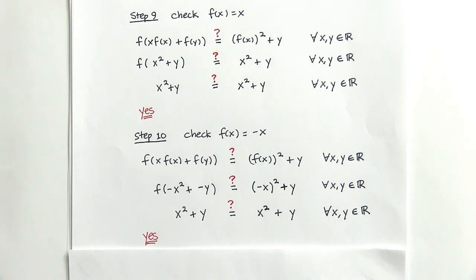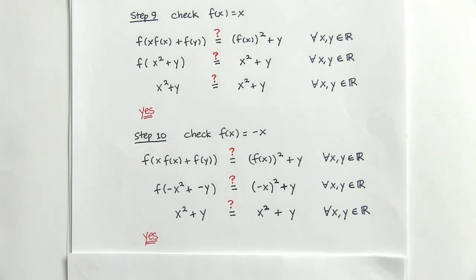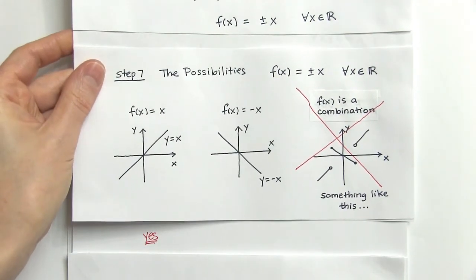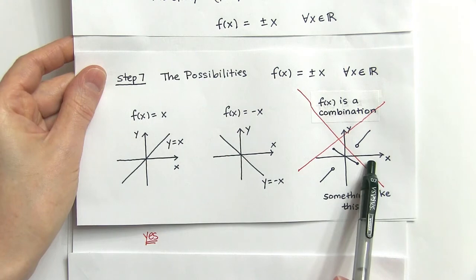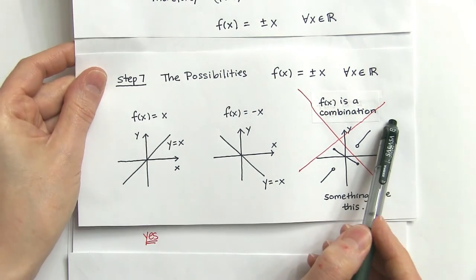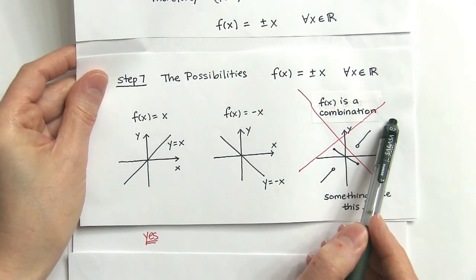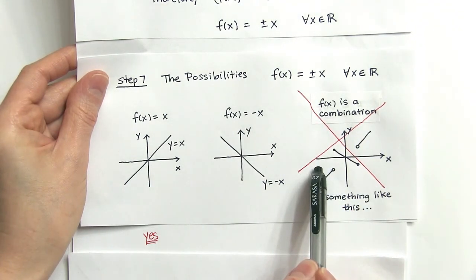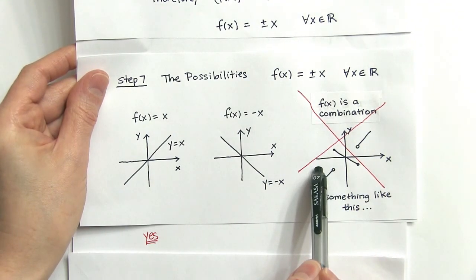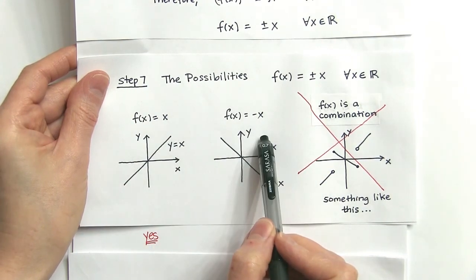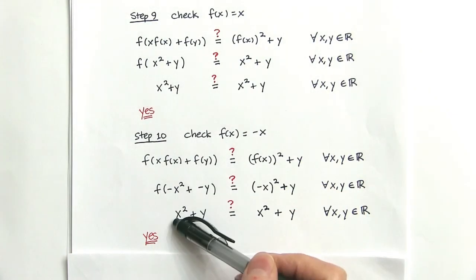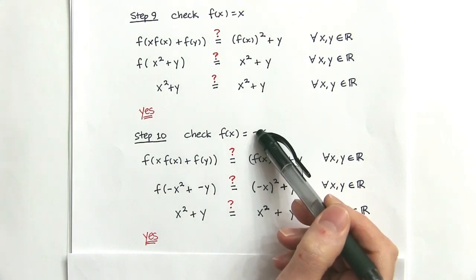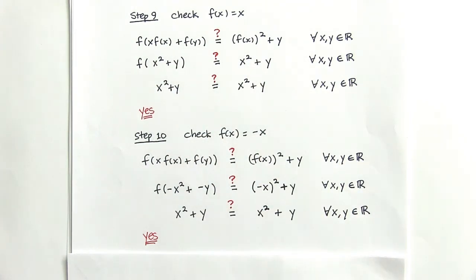And so now we've discovered that x and minus x are the only two functions that satisfy the condition given in the problem. Because recall, at the end of step 7, we had only 3 possibilities. In step 8, we ruled out this possibility, so the only 2 possibilities that remain are x and minus x, and in steps 9 and 10, we verified that x and minus x do satisfy the condition of the problem.